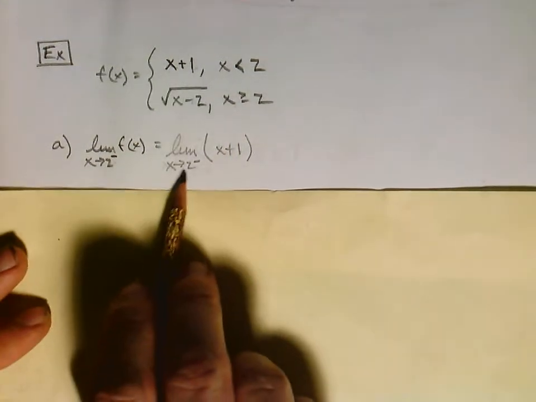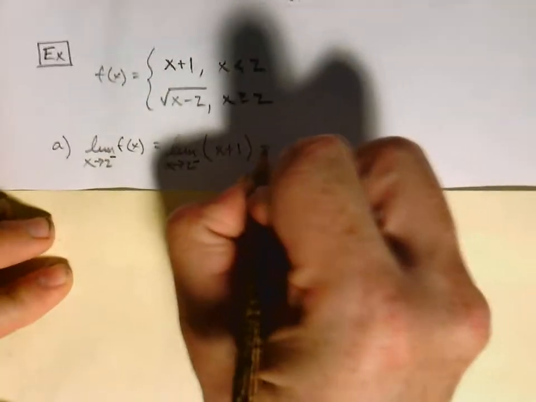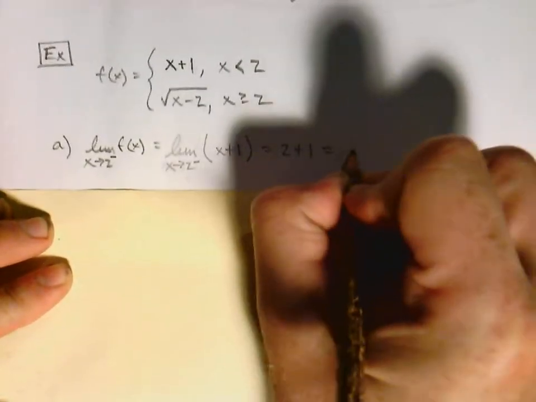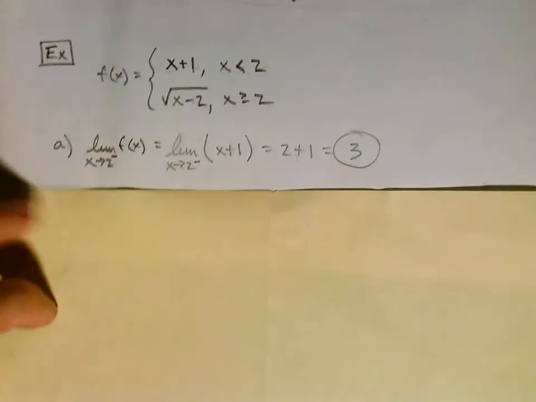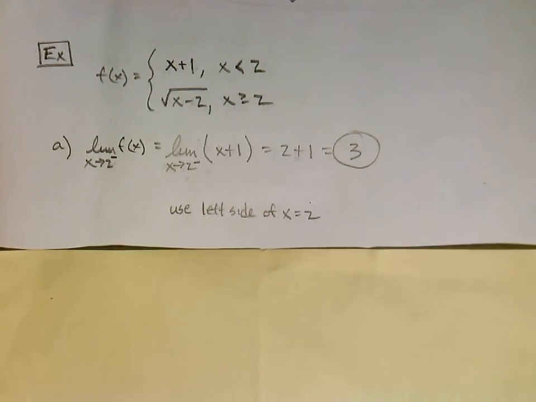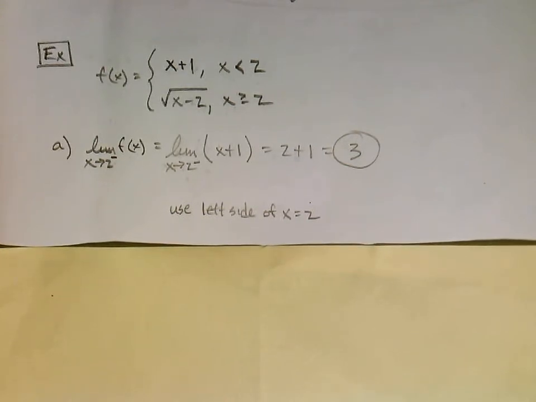And then it's just as simple as plugging in 2 plus 1. Our answer here is 3. And I've got a note, use the left side of x equals 2. Yeah, so that would be the negative side, what's beneath x equals 2.